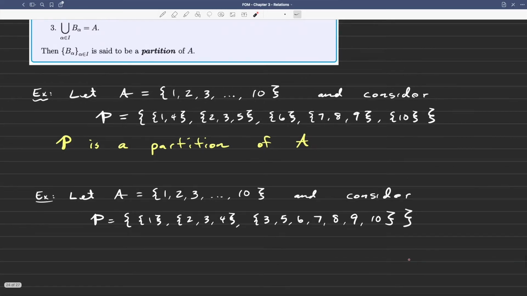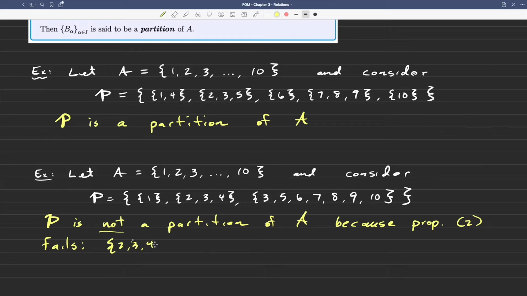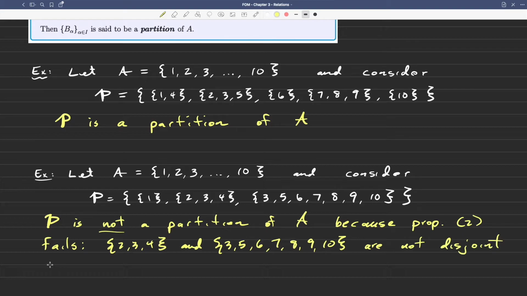It fails property 2. P is not a partition of A because property 2 fails. The sets {2, 3, 4} and {3, 5, 6, 7, 8, 9, 10} are not disjoint and are not equal.